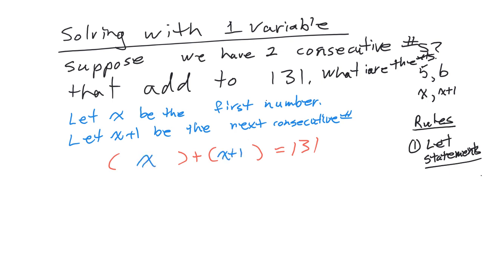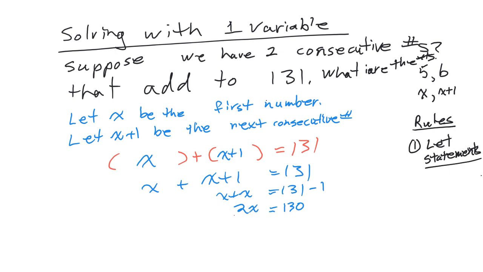Now what we have to do is simplify this. When we simplify, we have 2x plus 1 equals 131. We're going to bring all our x's to one side and all our numbers to one side. So we have x plus x equals 131 minus 1, which is 130 on this side, and 2x.